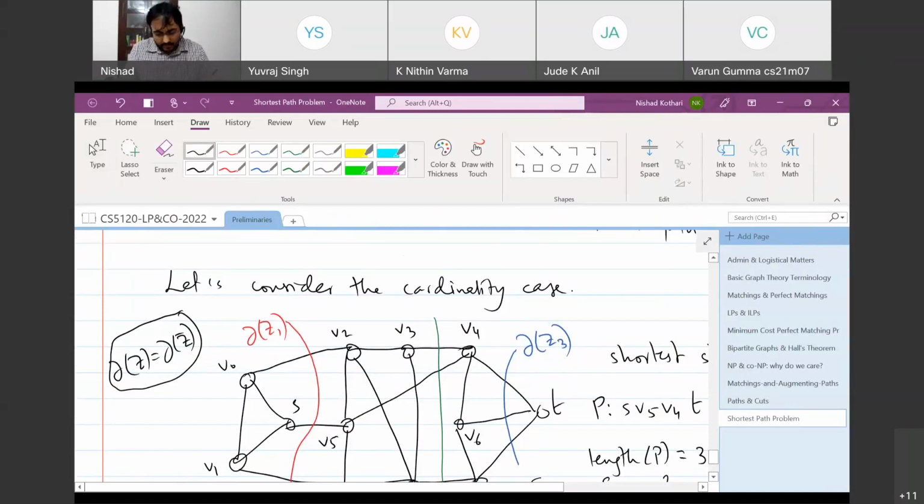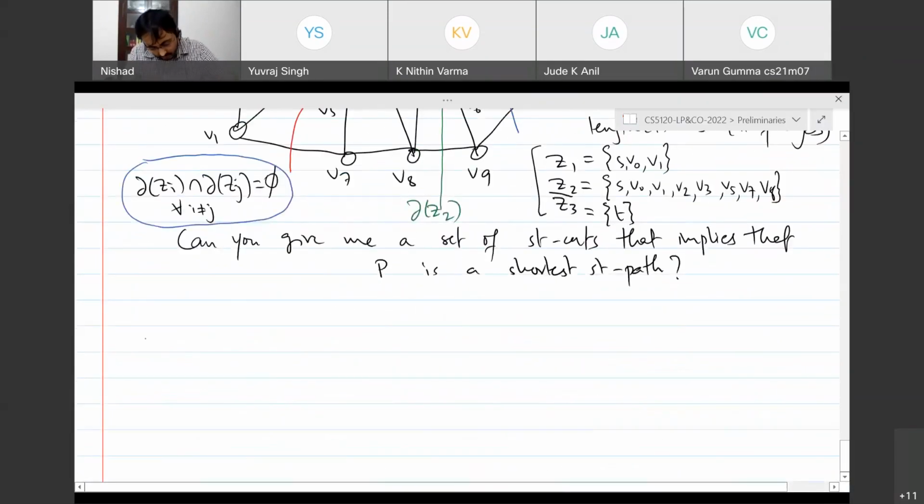Right. So let's just capture this observation. Let's say G is a graph and S and T are distinct vertices.